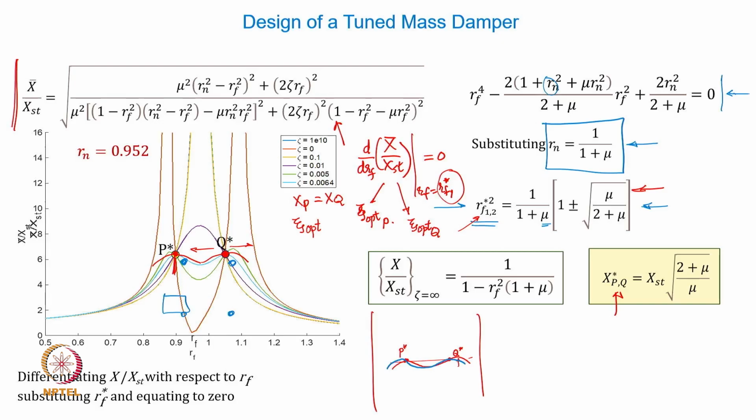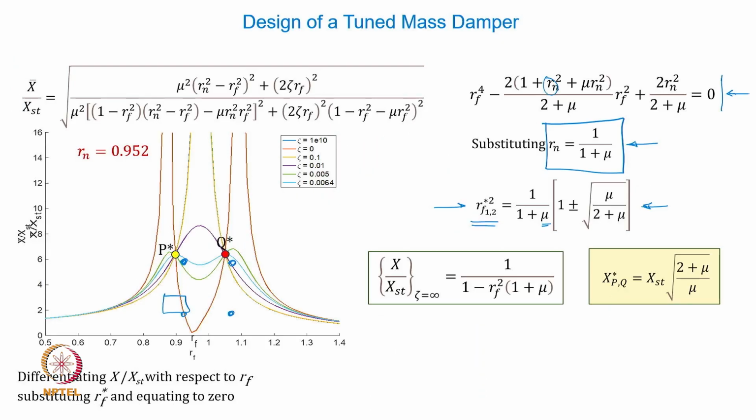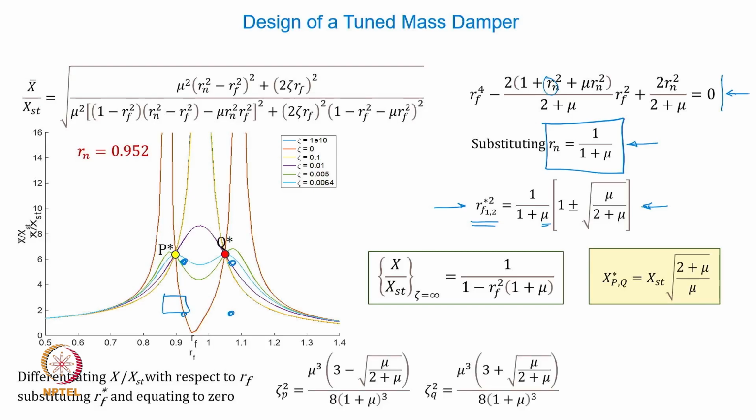So therefore what is done is you find out what zeta p star and zeta q star are by the expressions that you can derive based on the process that we just discussed, and you can average out zeta p and zeta q. So it is possible to show that the optimized value or expression for zeta is given by this expression.